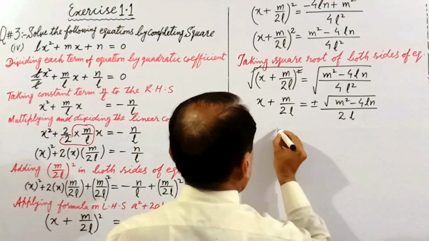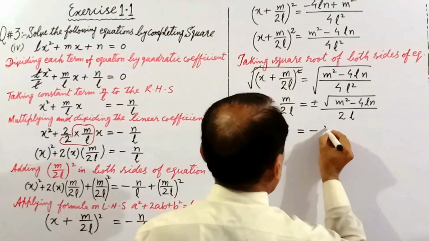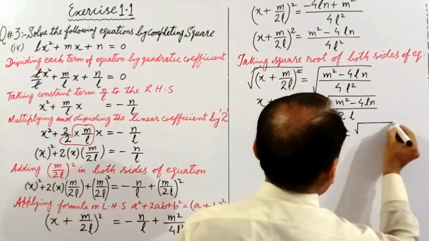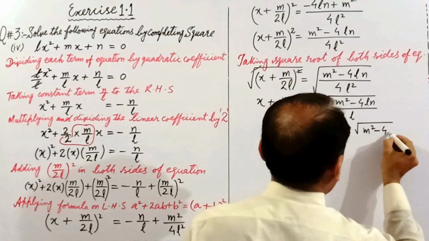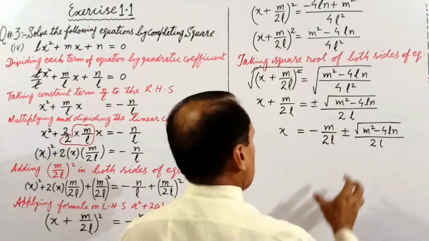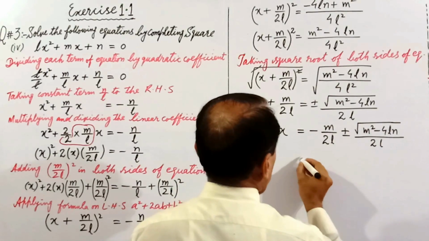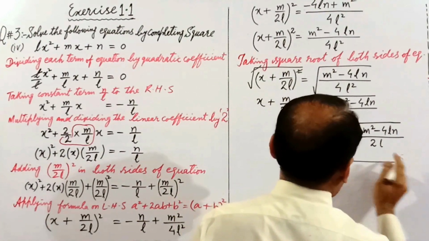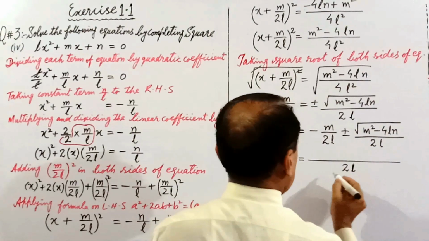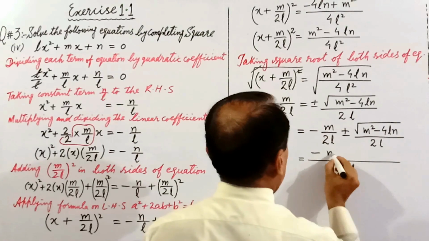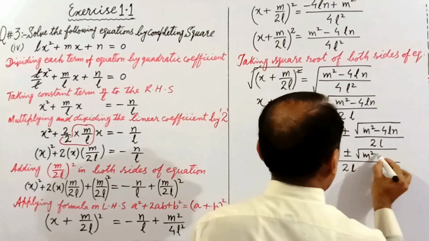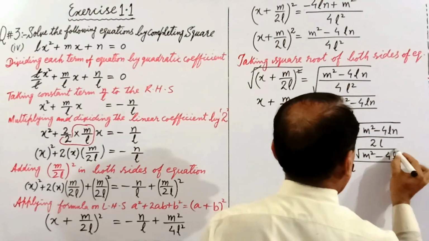We have x is equal to minus m over 2l plus minus square root of m square minus 4ln divided by 2l. As we have fractions, we take the LCM. Denominators are the same, so the LCM will be 2l by the standard procedure. We write the numerator as it is: minus m plus minus square root of m square minus 4ln.